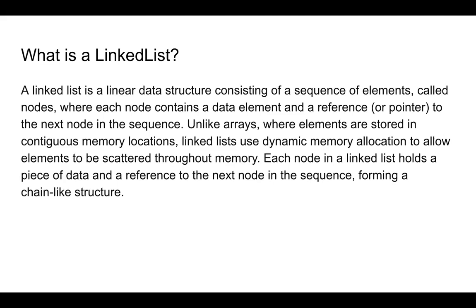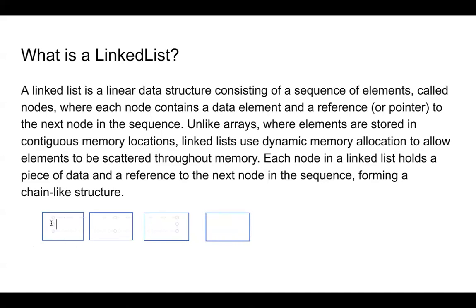Each node in a linked list holds a piece of data and a reference to the next node in sequence, forming a chain-like structure. So it essentially does something similar to an array. If you think about an array, what does it look like? Let me annotate on the screen. Say this is an array with 4 indexes, and each of these indexes will contain values.